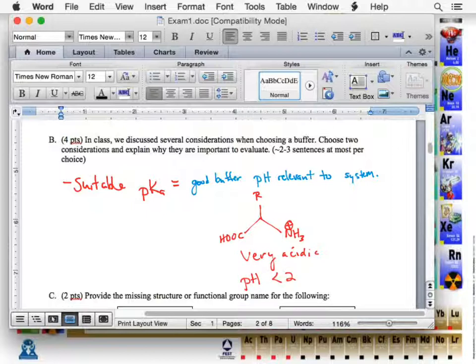And you pick 2 because the pKa of the carboxylic acid is roughly 2, so we need to be at a pH lower than that so that it stays protonated. So this is what the structure looks like at a pH less than 2.